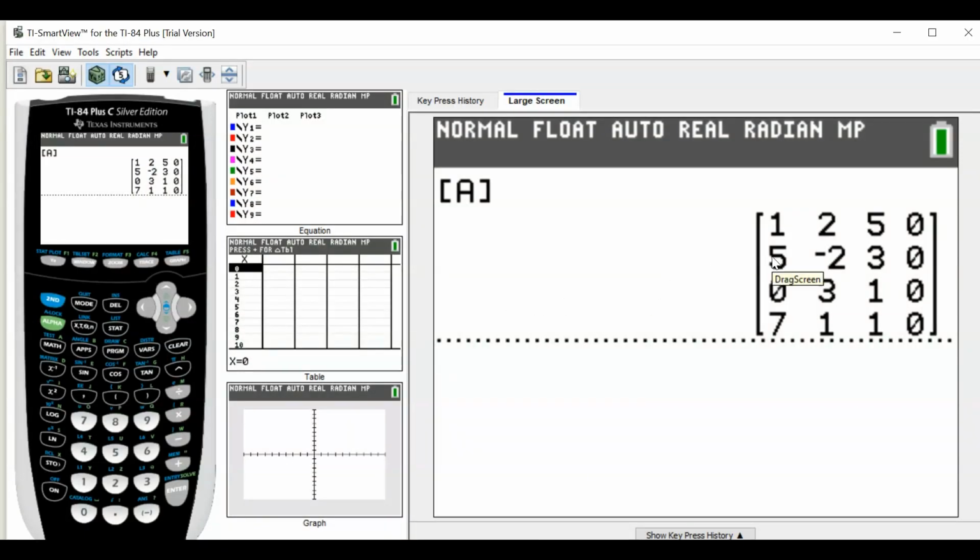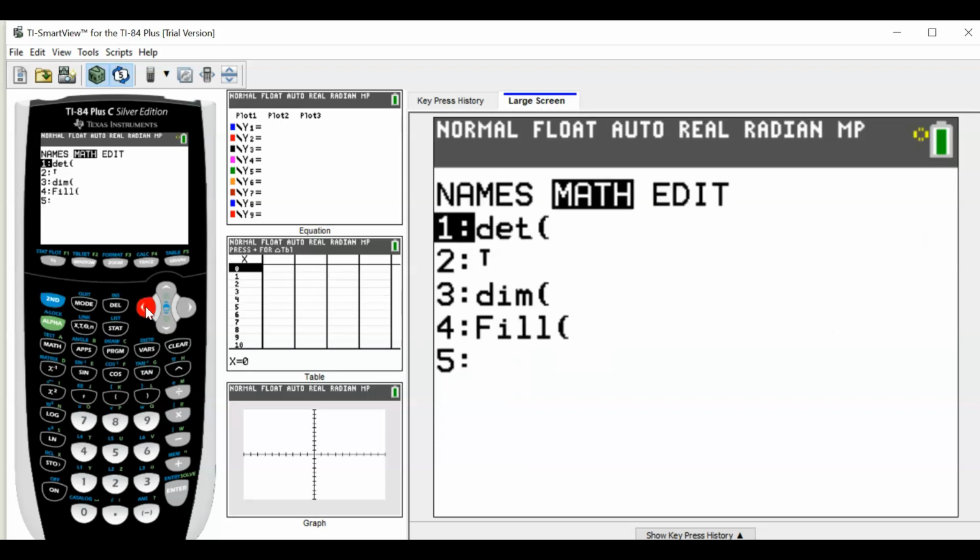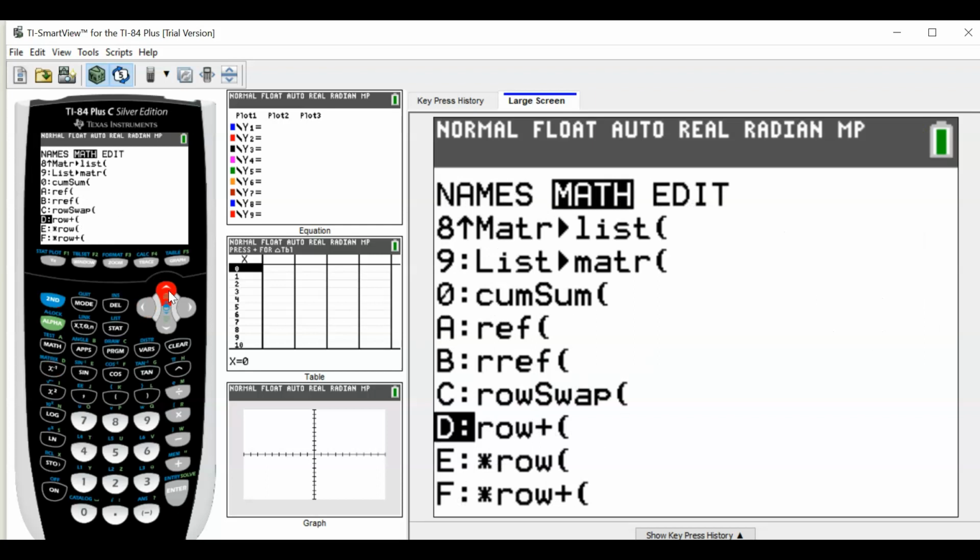Now, don't forget, if you tried to row reduce using just 3 columns and you didn't add that extra dummy column, it'll give you an error. So we have to add that extra dummy column, but again, remember, we pretend it's not there. Okay, and then we go ahead and row reduce our matrix.